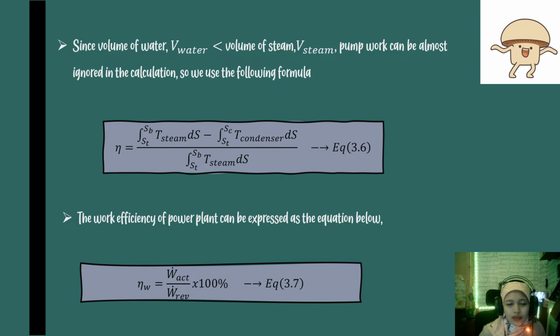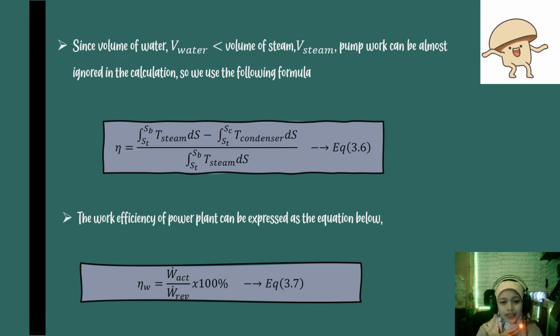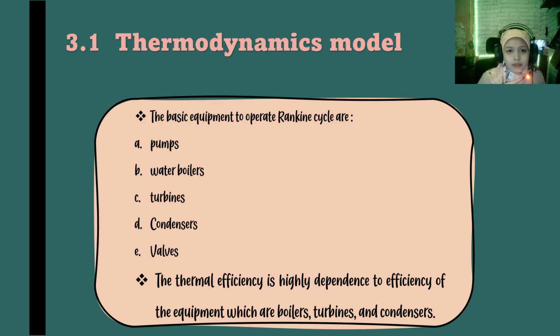To obtain the work efficiency of the steam power plant of Yanggun Sendirian Berhad, we use the equation below: the work efficiency equals W actual, the actual work, divided by W isentropic, the isentropic work produced, multiplied by 100%.